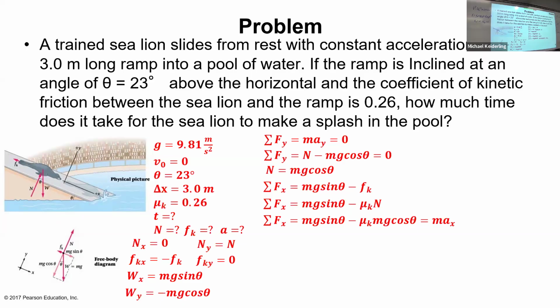So this is all the forces in the x direction. It's mg sine theta from gravity down the slope, minus mu kinetic mg cosine theta from kinetic friction pointing up the slope. And that equals mass times acceleration.